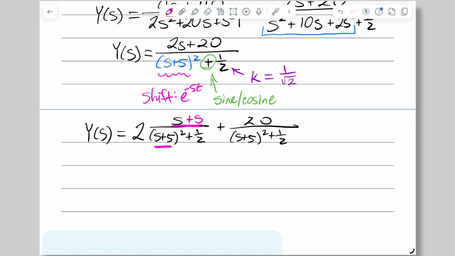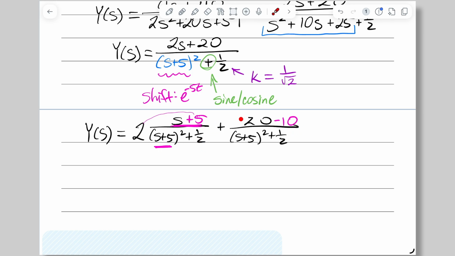I'm going to add 5 to that numerator, but considering the 2 that we have in front of that fraction, what I've really done is I've added 10 to that side of the equation. In order to offset that, I'm going to subtract 10 from that side of the equation in the form of subtracting 10 from the numerator of 20. The only place that the k equals 1 over square root of 2 will appear in the cosine answer is in the argument.